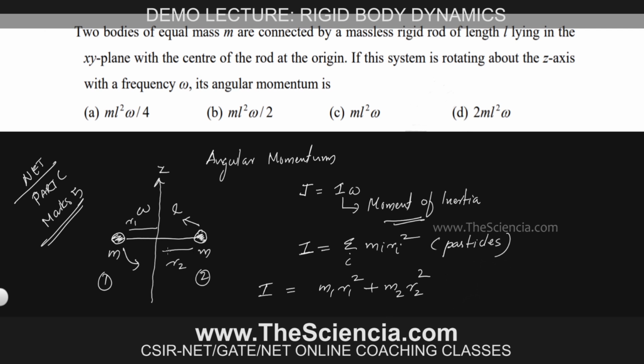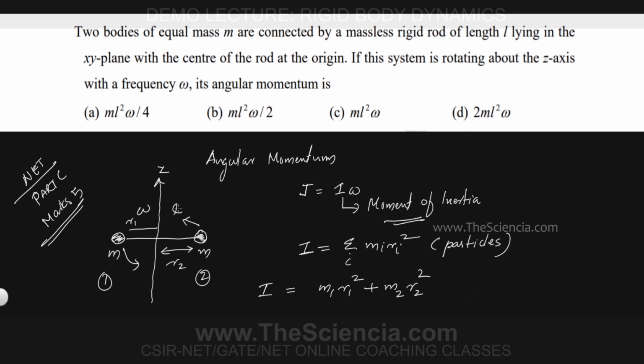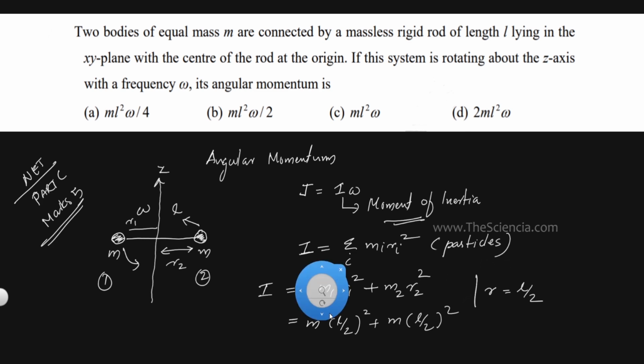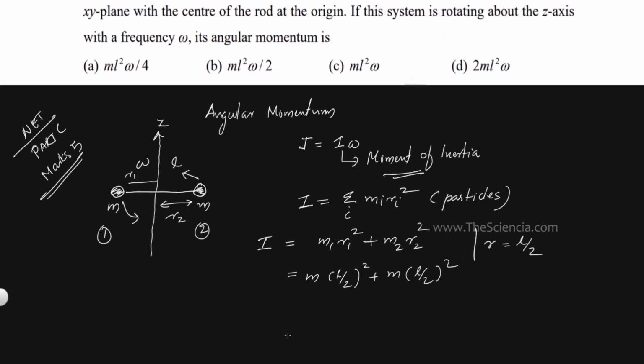And what is this radius r? The total length of the rigid rod is L, so small r is equal to L by 2. So m1 is m itself, so I is m into (L by 2) whole square plus m into (L by 2) whole square. What do you get?